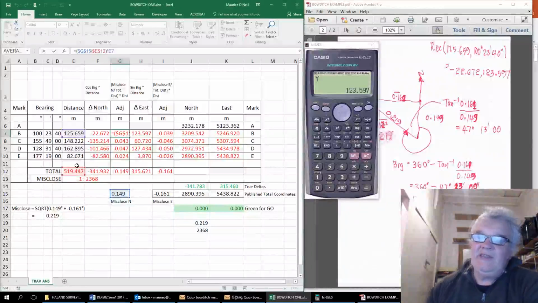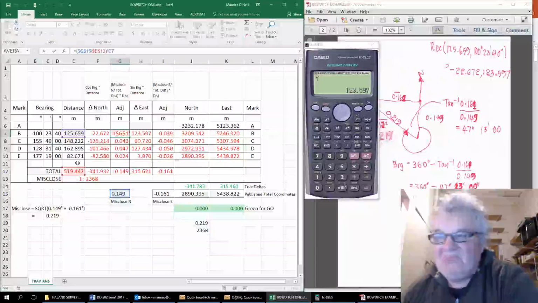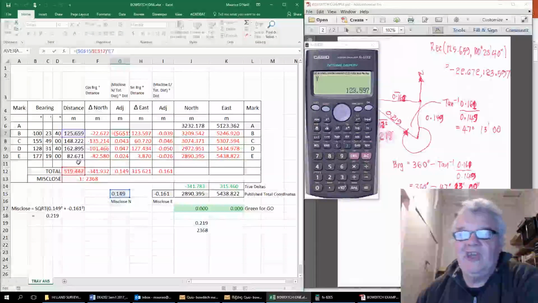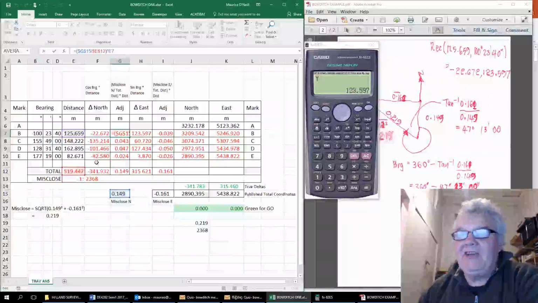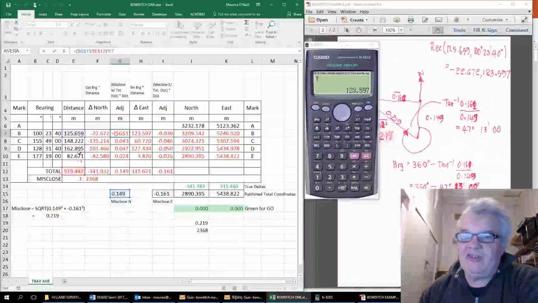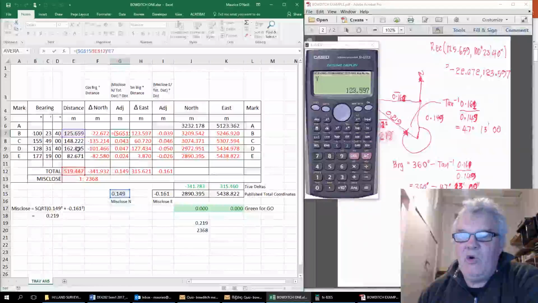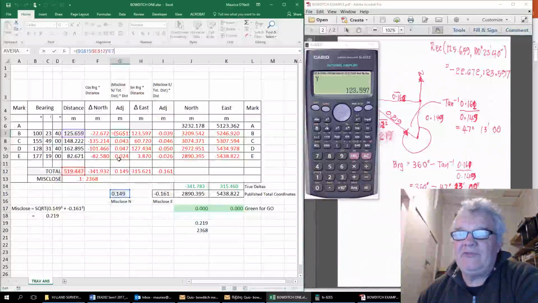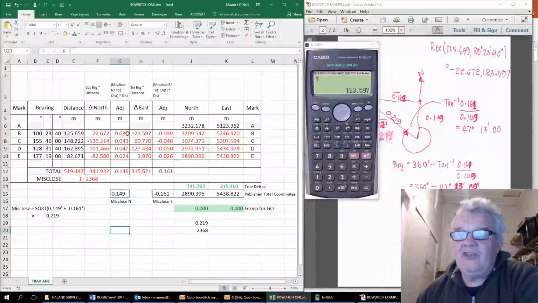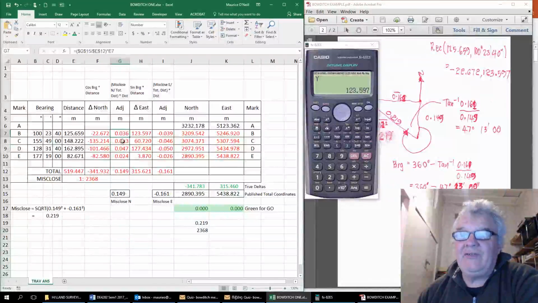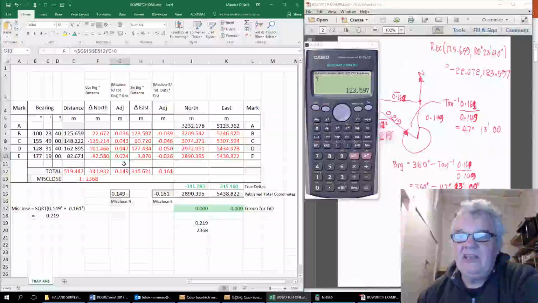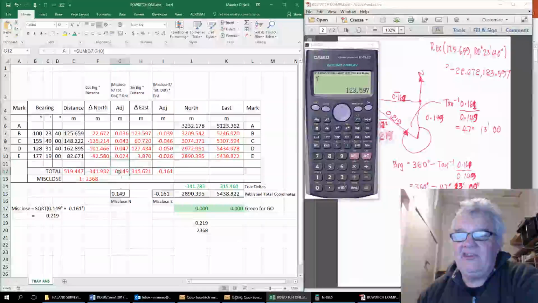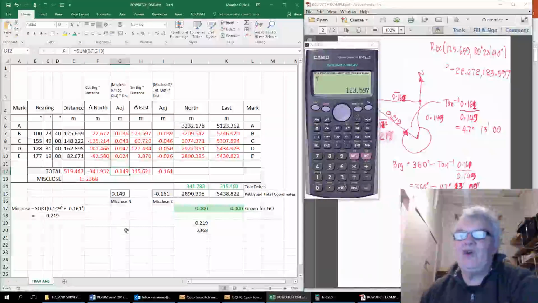So the corrections are applied in proportion to the distance. You're going to get a larger correction in the larger distance, and the smallest distance will have the smallest correction. So I do that for each one, as you can see here, and then I check that it adds up to 0.149.